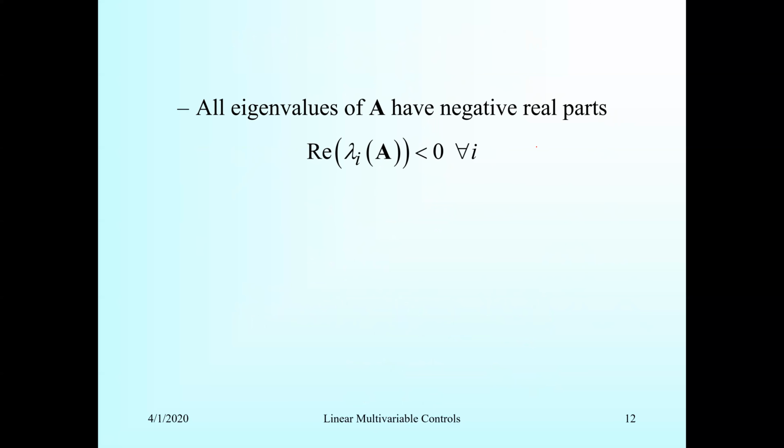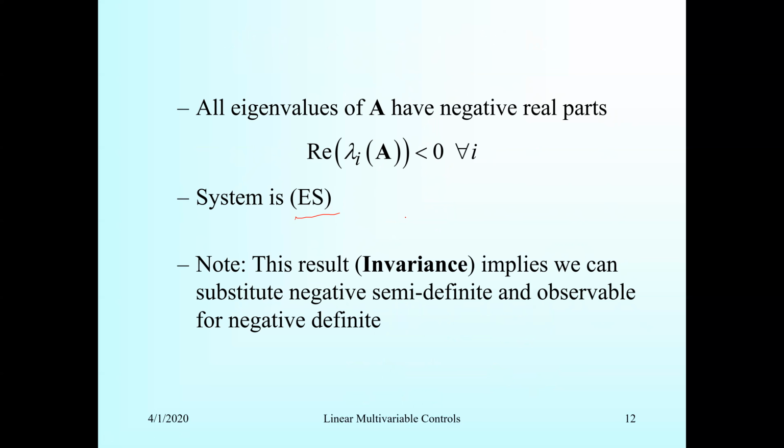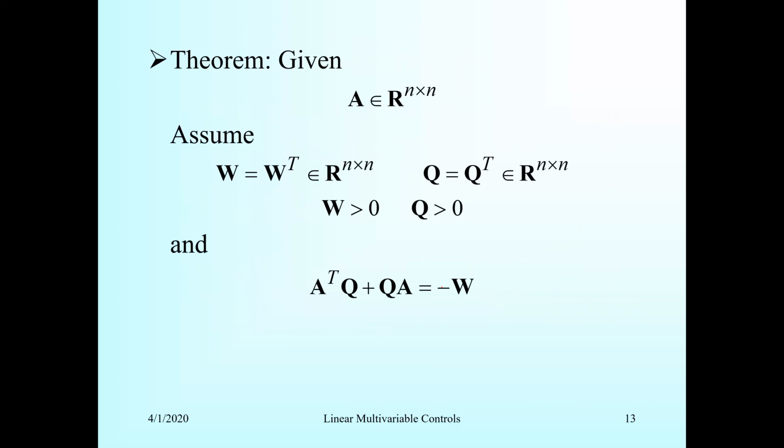That's the necessary condition to have a stable system. And if this is strictly less than 0, then it is exponentially stable. And the invariant means whatever Q you put there, so you put any negative semi-definite matrix there, you always get observable for negative definite.